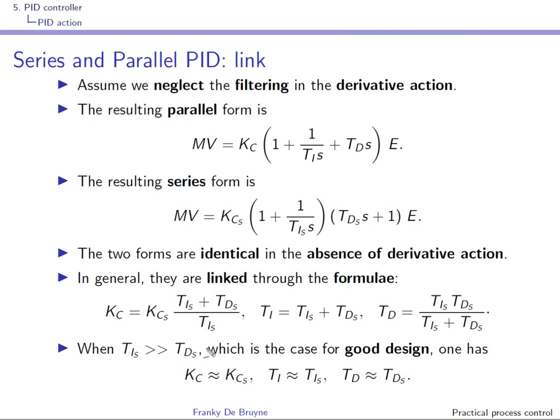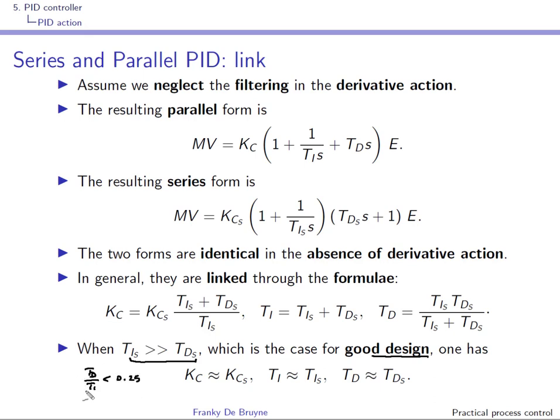This assumption is valid when TIS is much larger than TDS, and this is generally the case for good design, because there is a rule of thumb that says that Td over Ti is in general smaller than 0.25.